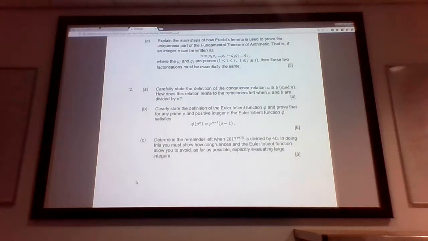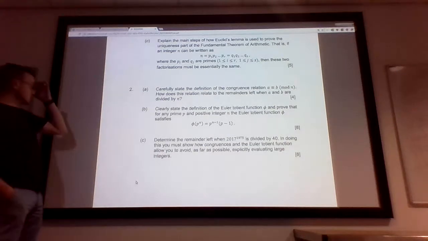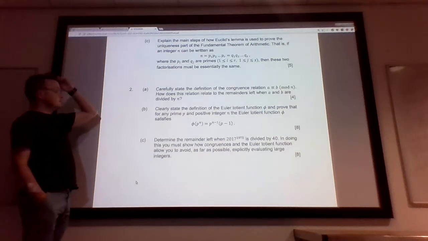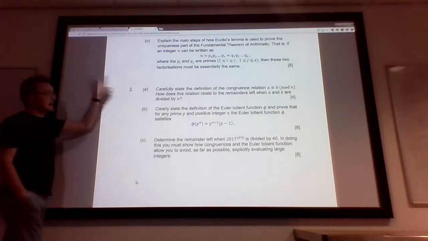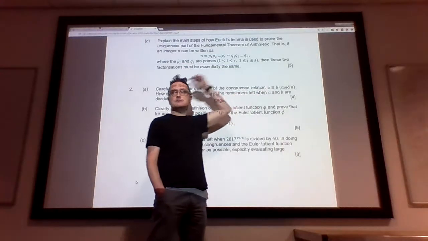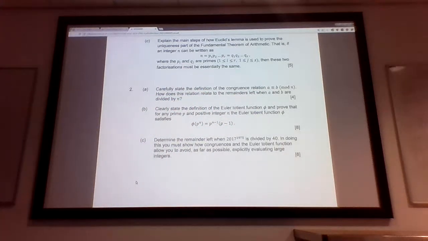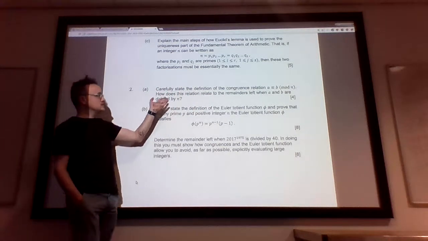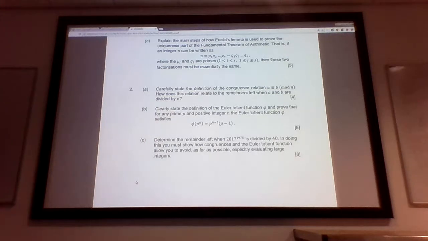Since we've just been talking about the Euler phi function, we could look at this question 2. I can do the third part, because that's relevant to one of the coursework things. The first part asks you to define the congruence relation. What's the definition of a being congruent to b? And how does it relate to the process of integer division by n?